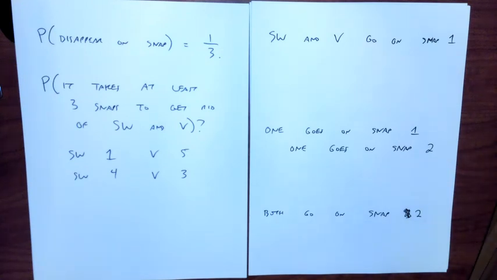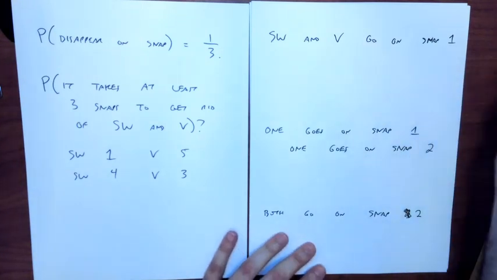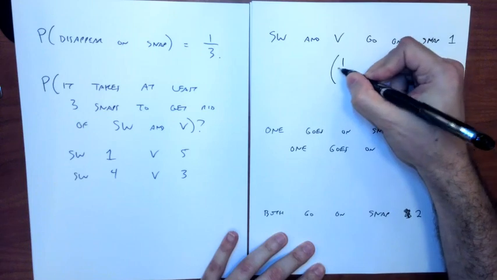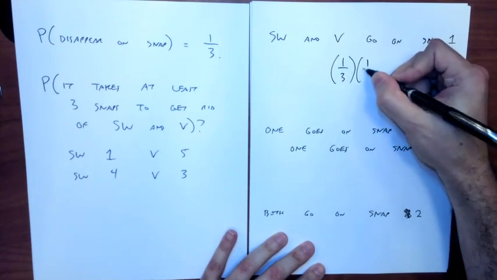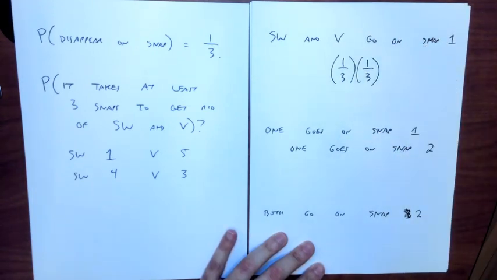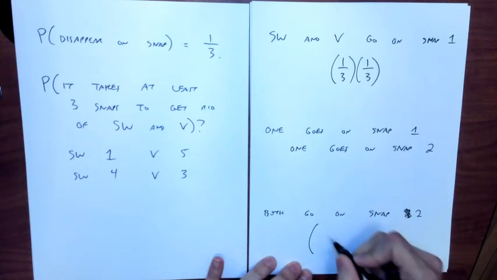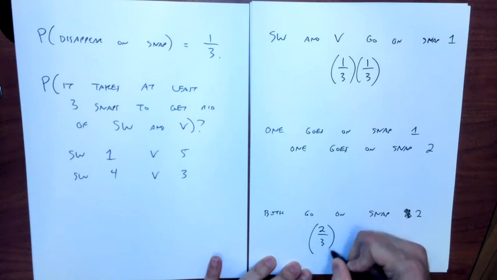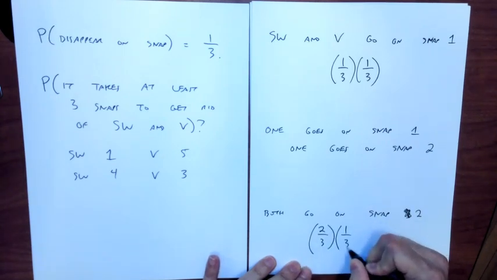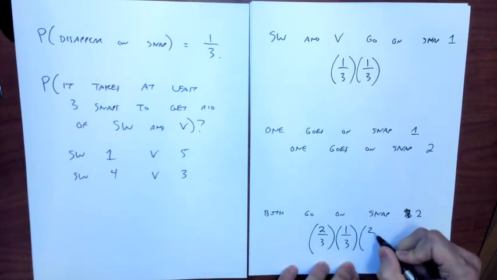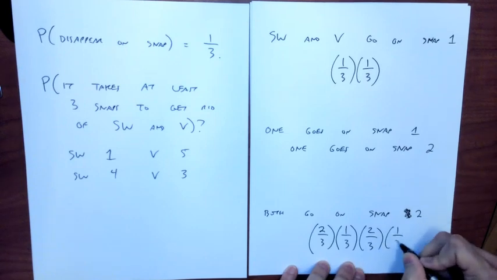Since everything is independent, what's the probability they both go on snap 1? It's 1/3 that she goes and 1/3 that he goes. What's the probability that they both survive snap 1 and then both die on snap 2? She has to survive snap 1 and die on snap 2, and he has to survive snap 1 and die on snap 2.